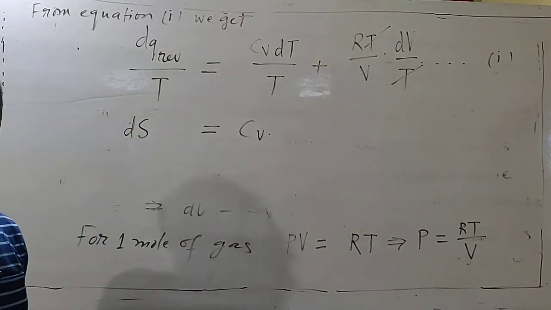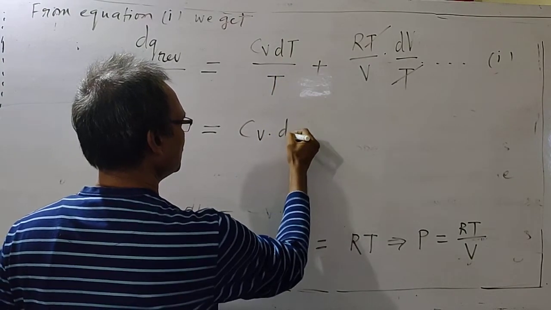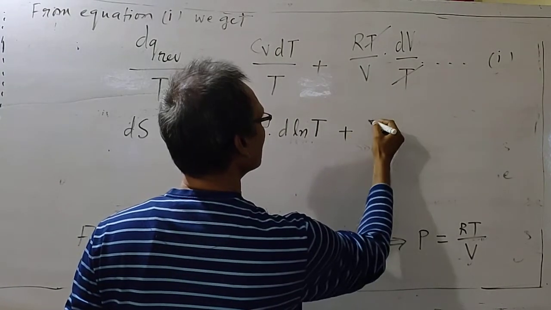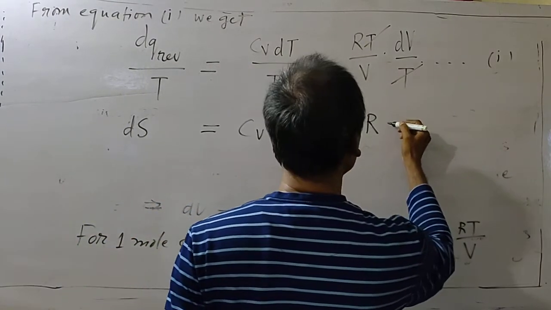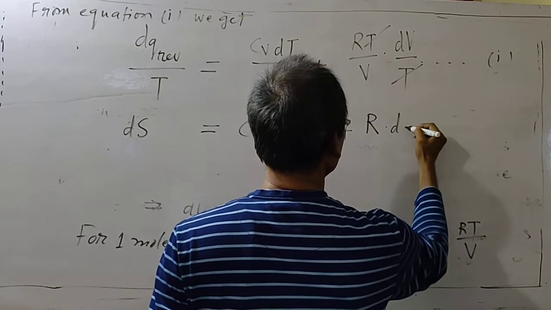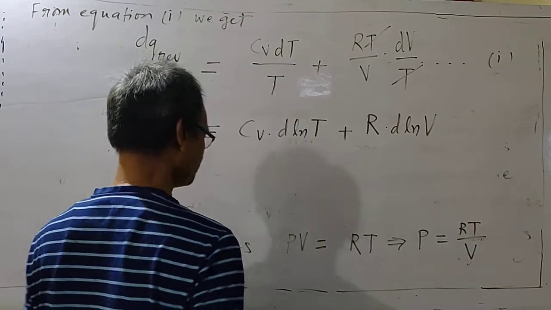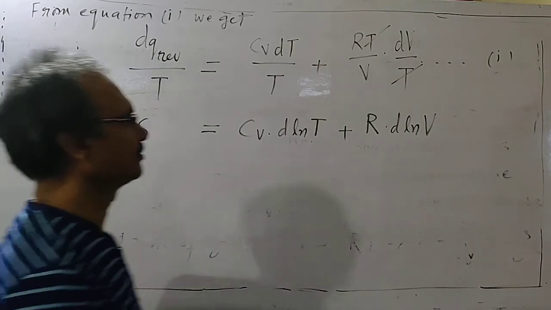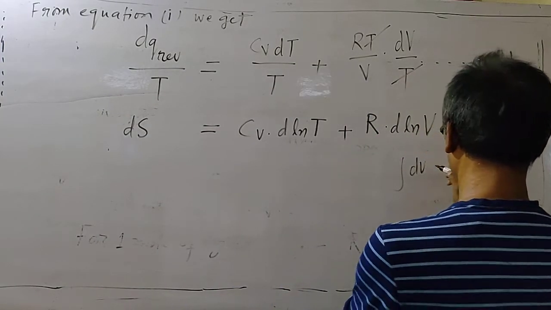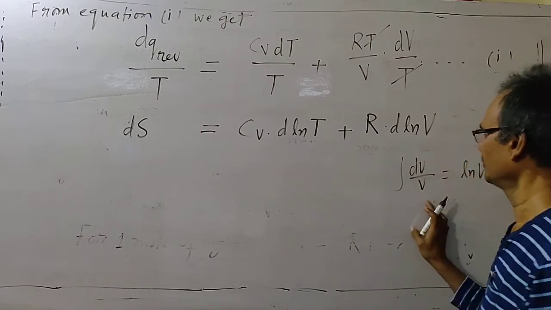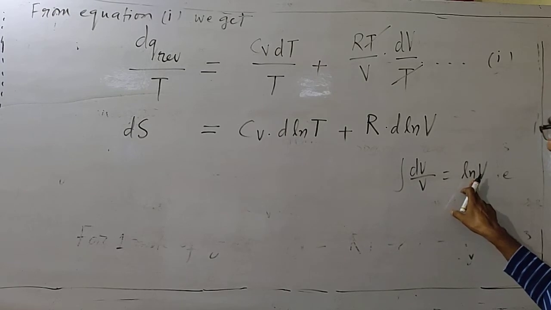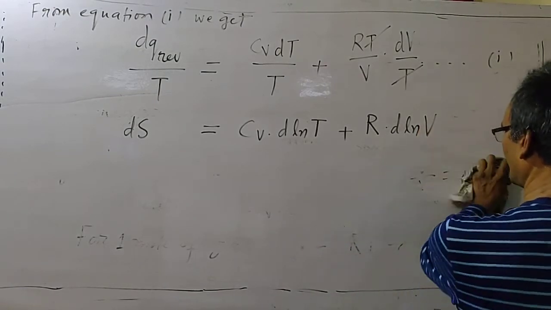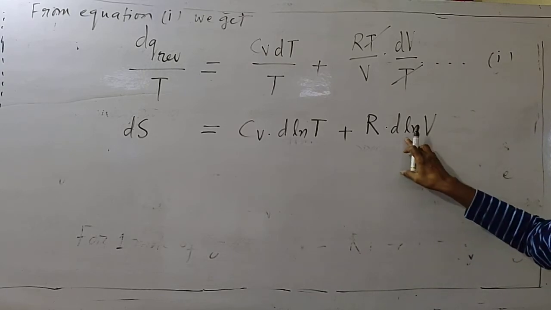Cv d ln T plus R dV by V, equal to d ln V. We know integration of dV by V is equal to ln V. From this formula, we can write d ln V, which is opposite to integration.